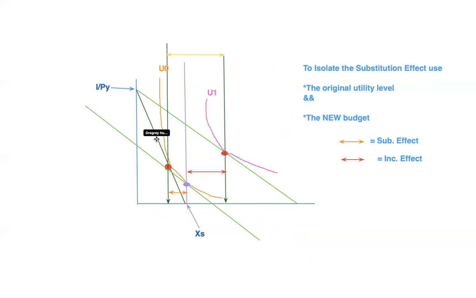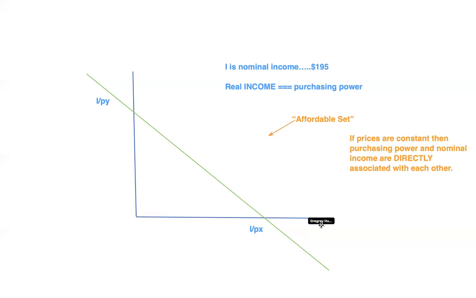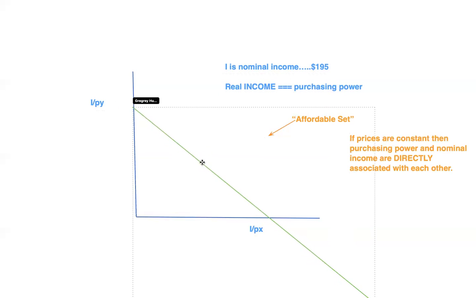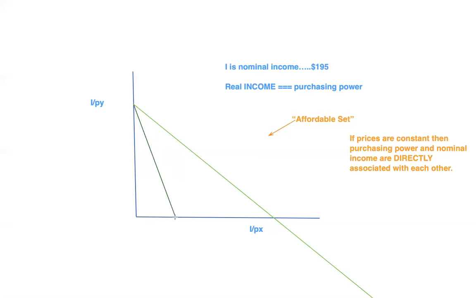So now let's go back to our diagram. Now we're actually talking about a price decrease. Let's illustrate what happens when just one price changes. So here we had this original lower price of X, and then we had this affordable set here. Yeah.